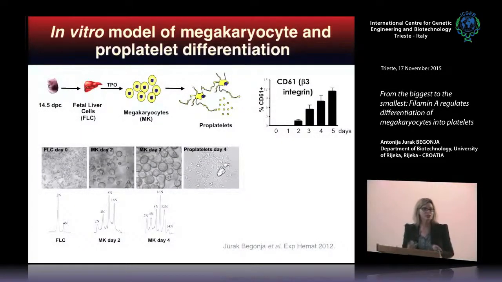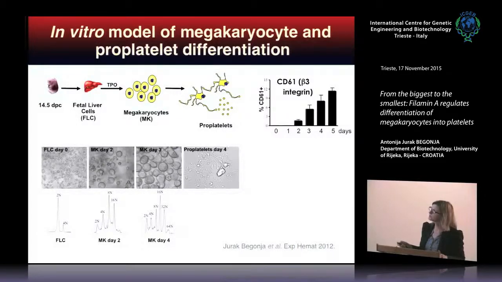Next, we wanted to study in vitro megakaryocyte differentiation into proplatelets and platelets, and to do this, we use a model in which we use fetal liver cells from mouse embryos that are 14 days old. We mechanically disrupt the whole liver and culture it in the presence of thrombopoietin for 4 or 5 days.